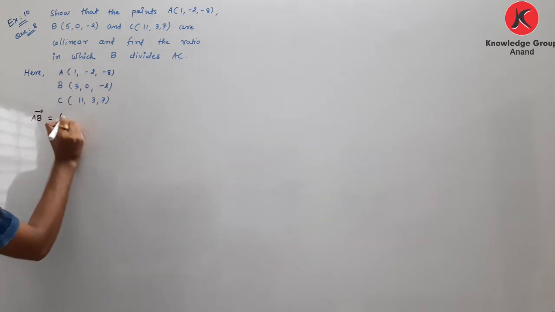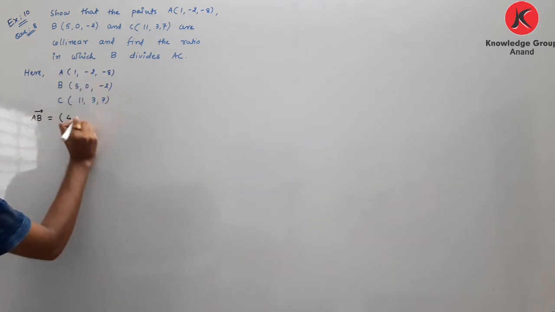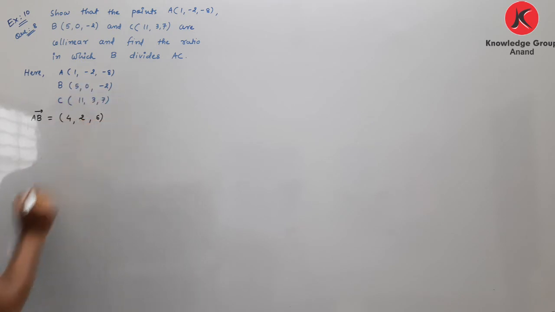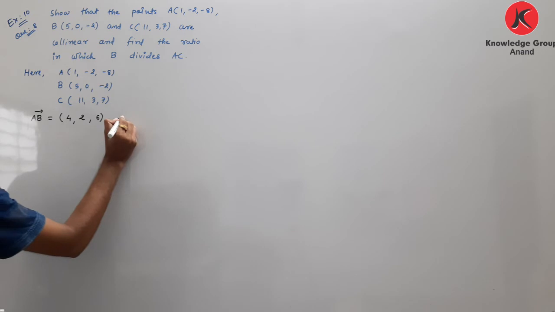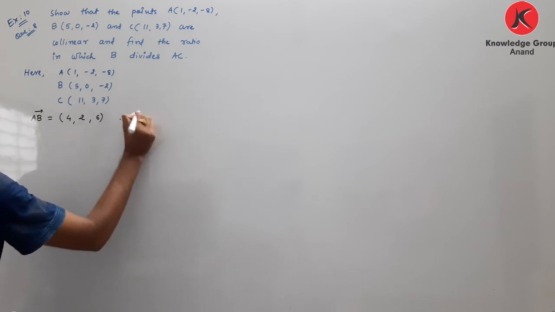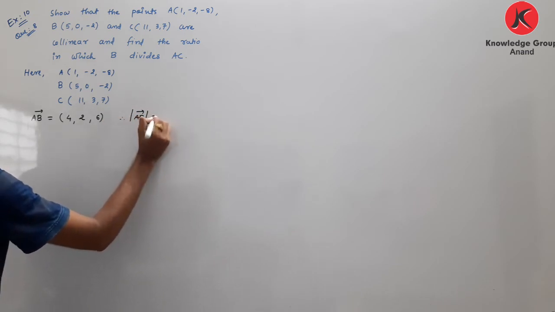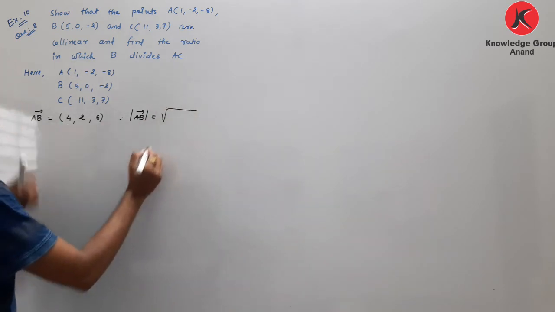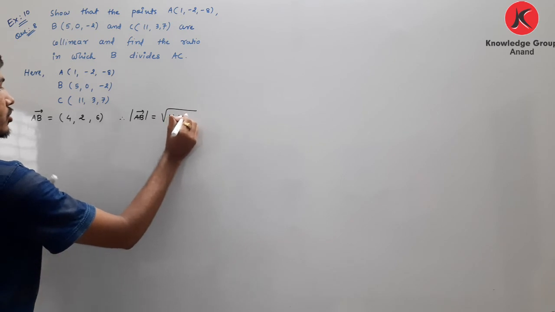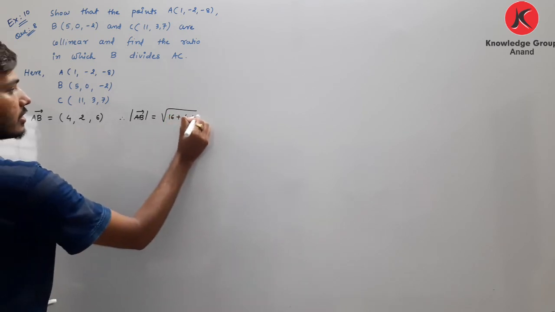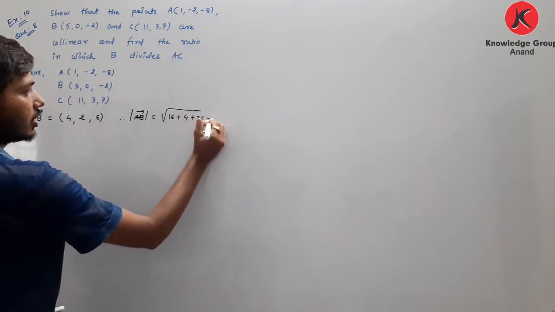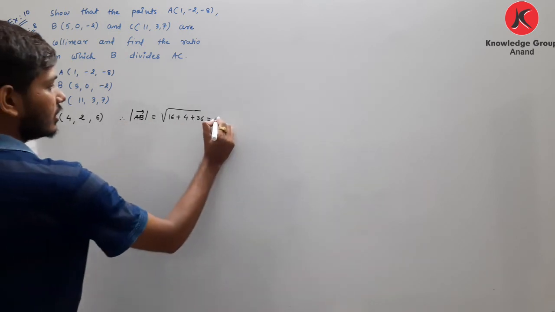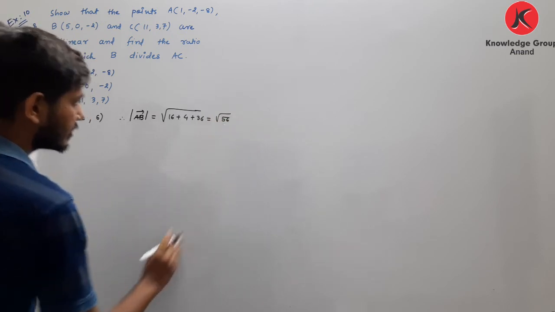So 5 minus 1 is 4, 0 minus minus 2 is plus 2, minus 2 plus 8 is 6. Therefore the magnitude of vector AB equals under root of 4 square 16 plus 2 square 4 plus 36, which is 36 plus 4 is 40, plus 16, under root 56.